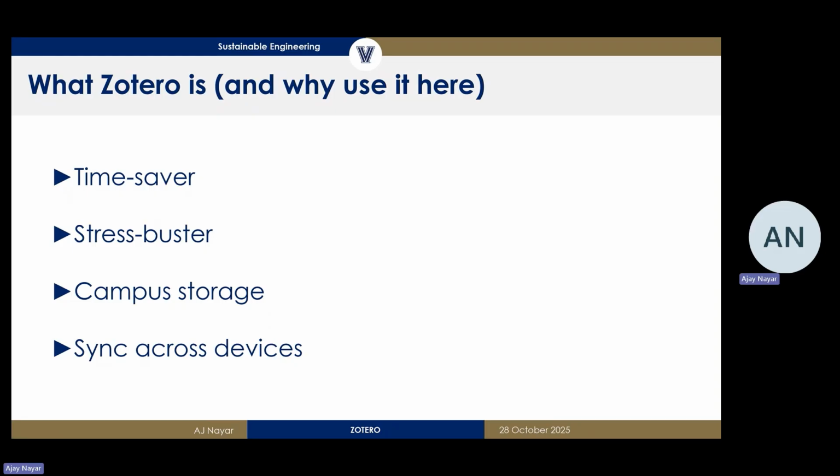But the reason that we are promoting Zotero right now is that our university provides a campus license with generous cloud storage, and it helps easy syncing between your laptop, your tablet, your phone, any device that you use to search for different resources. So at the end of the day, it will be a time saver, a stress buster, and it will help you sync across devices. Those are the major plus points of using this particular reference manager.